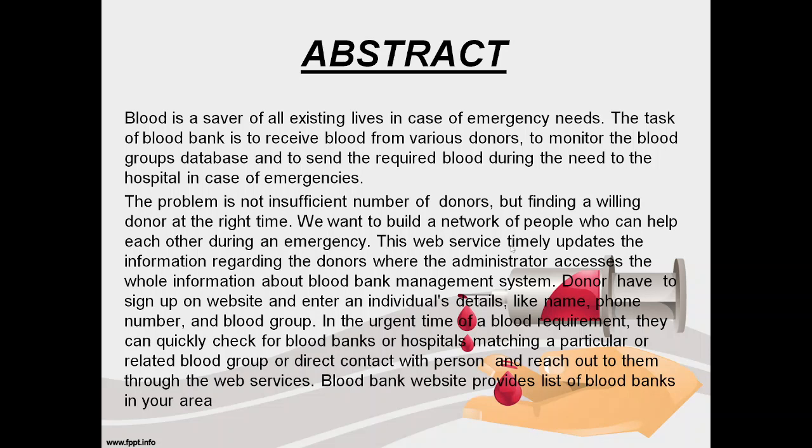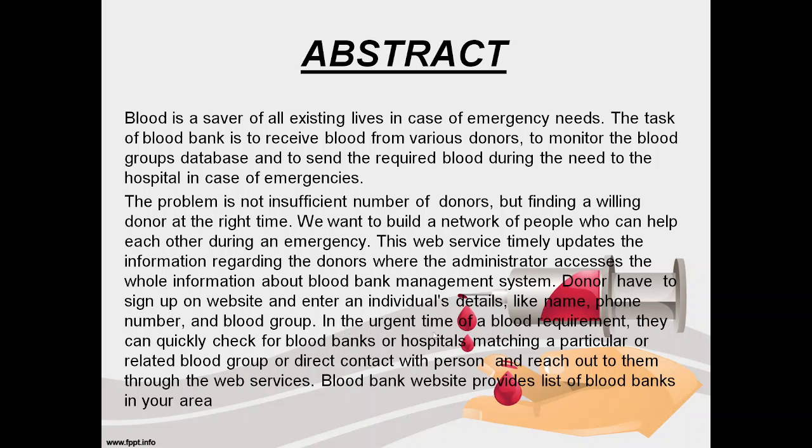This web service timely updates the information regarding the donors, where the administrator accesses the whole information about blood bank management systems, and donors have to sign up on the website and enter an individual's details like name, phone number, and blood group.